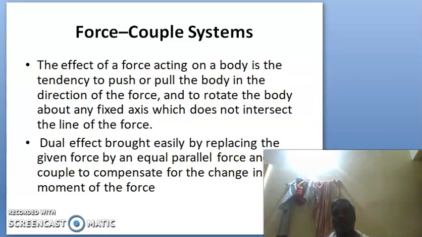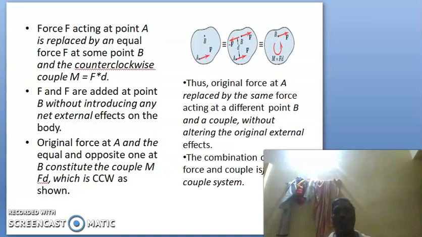The dual effect is brought about easily by replacing the given force by an equal parallel force and a couple to compensate for the change in the moment of the force. So here we have quite a few figures.